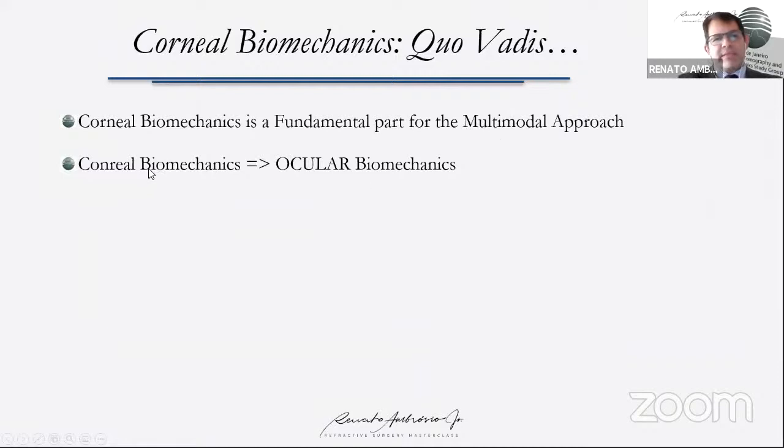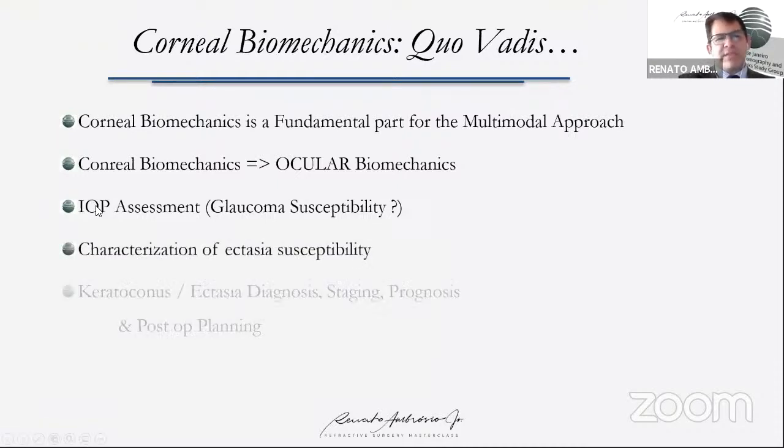Corneal biomechanics is going to evolve to ocular biomechanics. I would say susceptibility is the future for understanding glaucoma as well, not only understanding the current pressure, but we have to understand susceptibility for ectasia and giving more treatments for keratoconus.